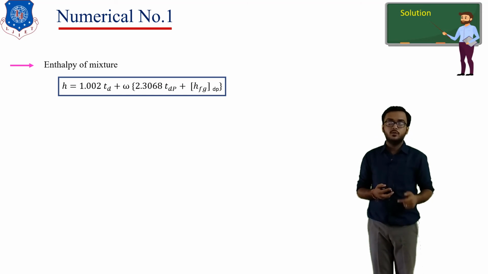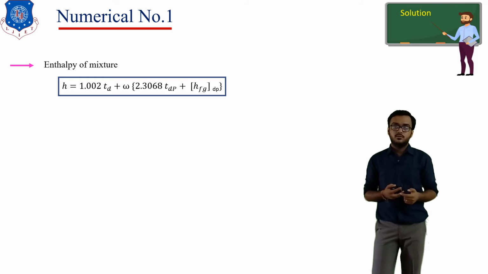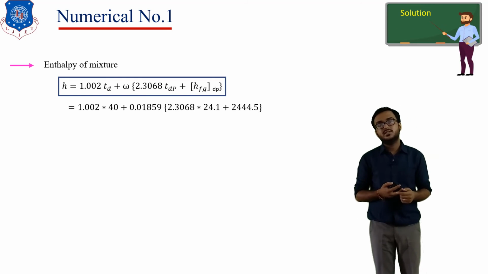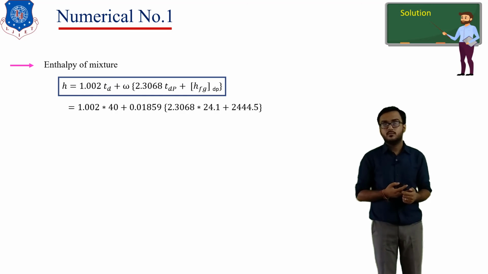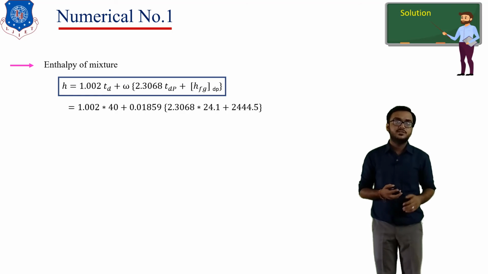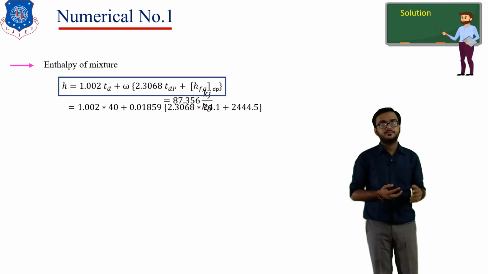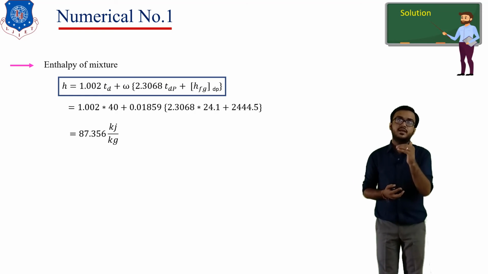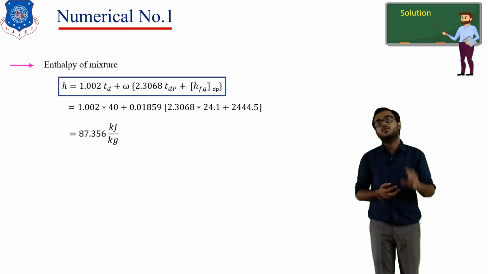From the steam table, the value of hfg is 244.5 kilojoule per kg. From the data and the calculation, we have the value of enthalpy equivalent to 87.356 kilojoule per kg. So it's all about the enthalpy of mixture.